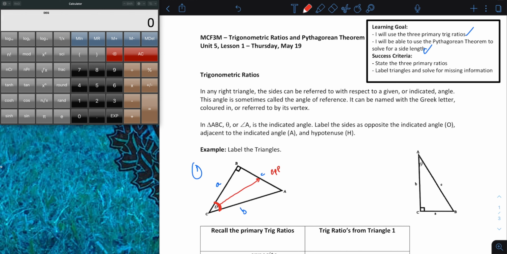What's nice is that wherever you see this 90-degree angle, opposite of that is always the hypotenuse. It's always the hypotenuse because we define the hypotenuse as being the longest side length.